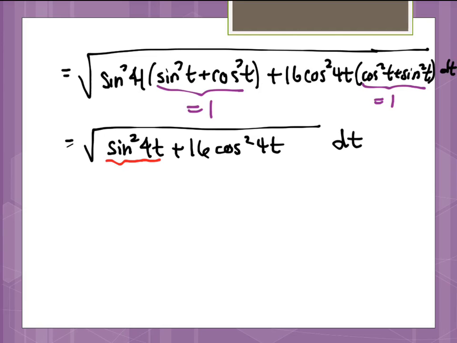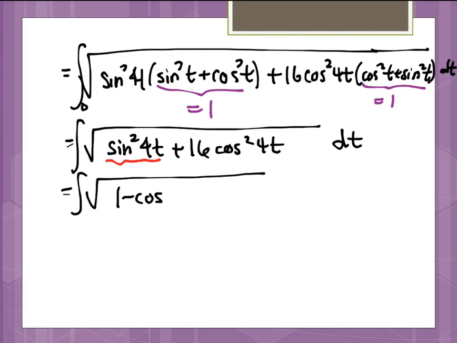Do you remember how you could rewrite sine squared in terms of cosine? Close. It's 1 minus cosine squared. Yeah, so we're going to rewrite this. So this would be 1 minus cosine. I have left off my integral. Let me put that back in there.